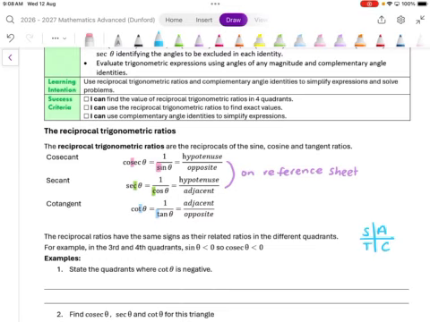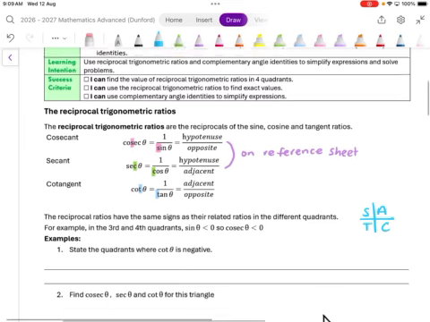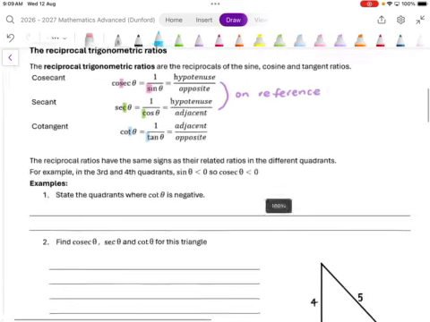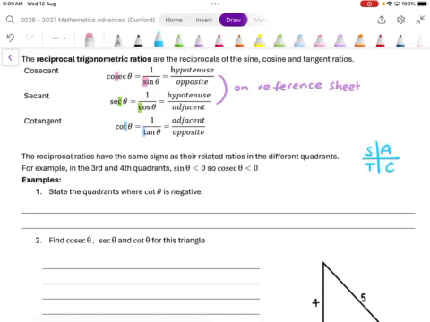Because in our third and fourth quadrants, that's where tan and cos are positive, and sine is negative in those quadrants. Does that make sense?